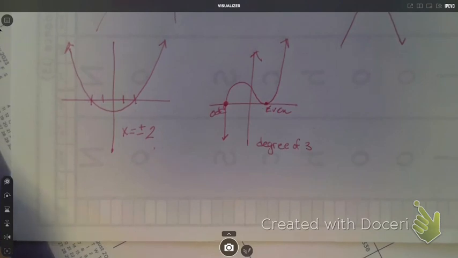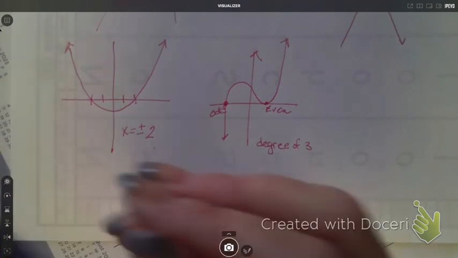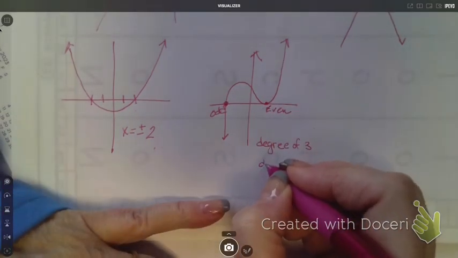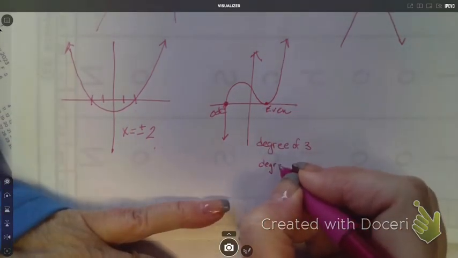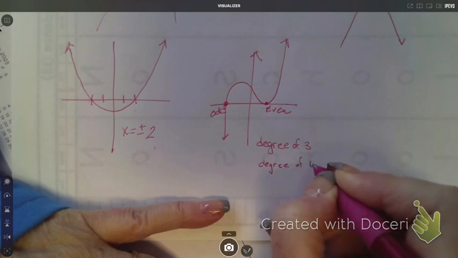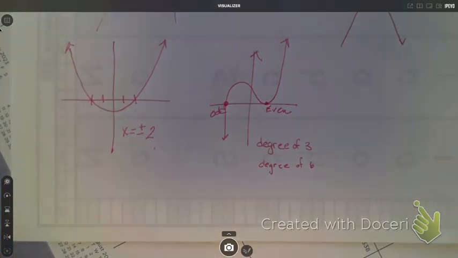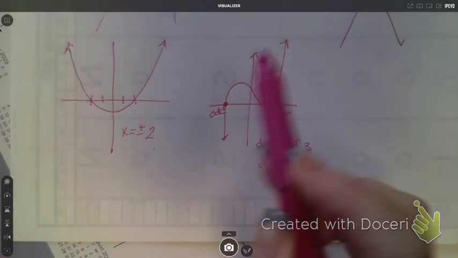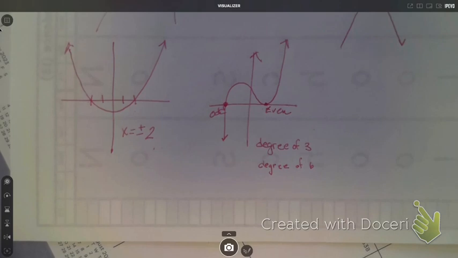It could be, right? Could it be a degree of 6? No. Why not? Because that's even, and this graph starts down and ends up, and that tells you it's an odd function, doesn't it? Mm-hmm.